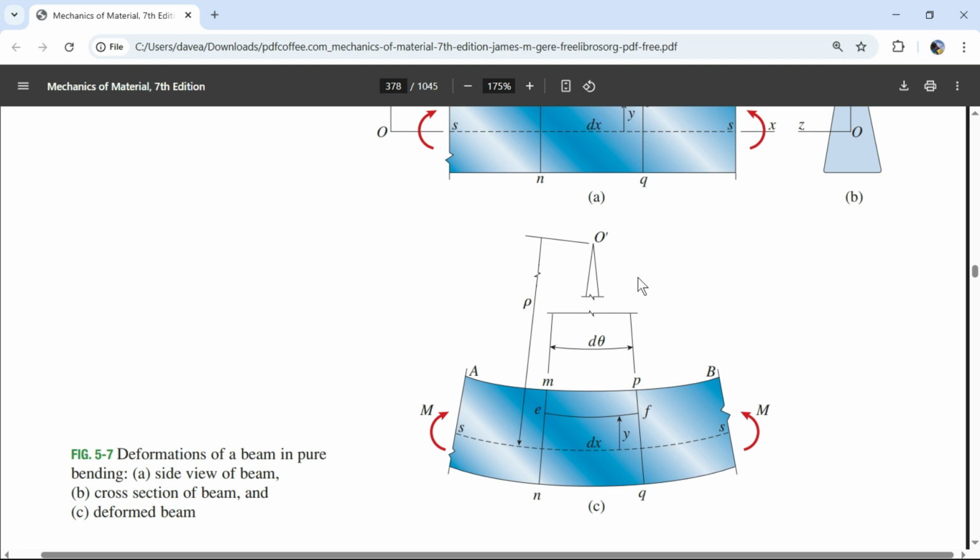So then the equation of a line is y is equal to mx plus b. The y-intercept b is at a distance of rho. And then the slope, well, the slope is negative. And the slope is just rise over run. So the rise is rho, or negative rho, and the run is dx.